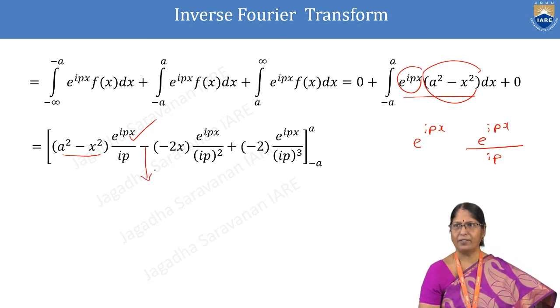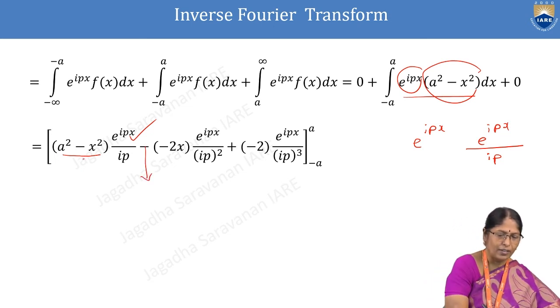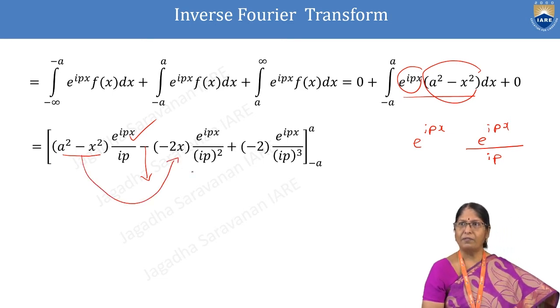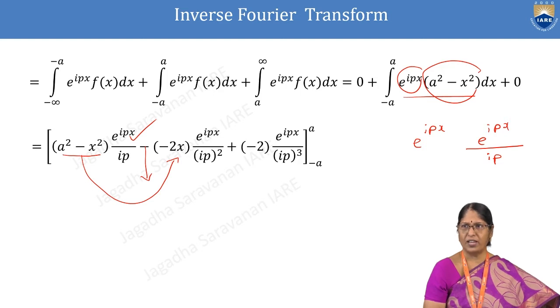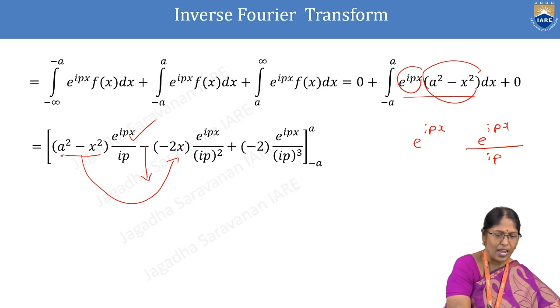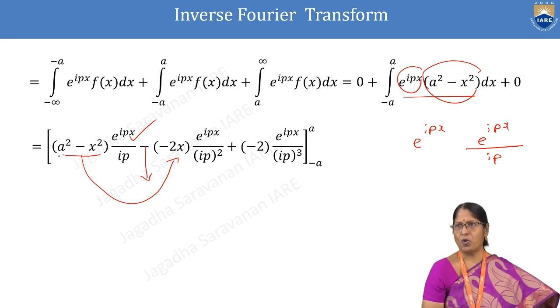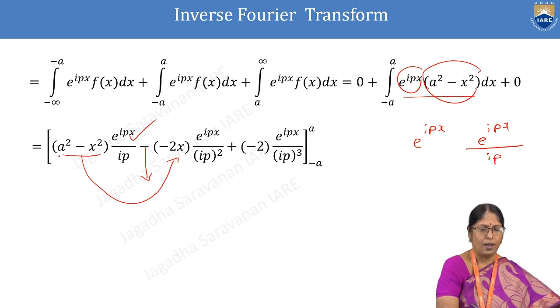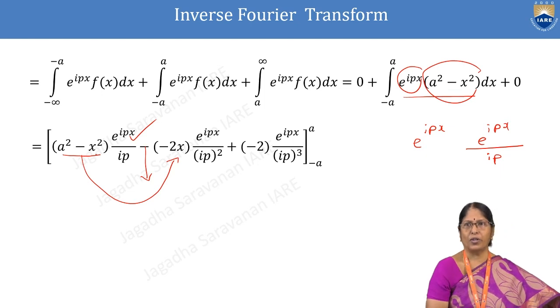the formula sign. Next, the algebraic part we will differentiate. That is, a square, the differentiation of a constant is 0, minus x square.